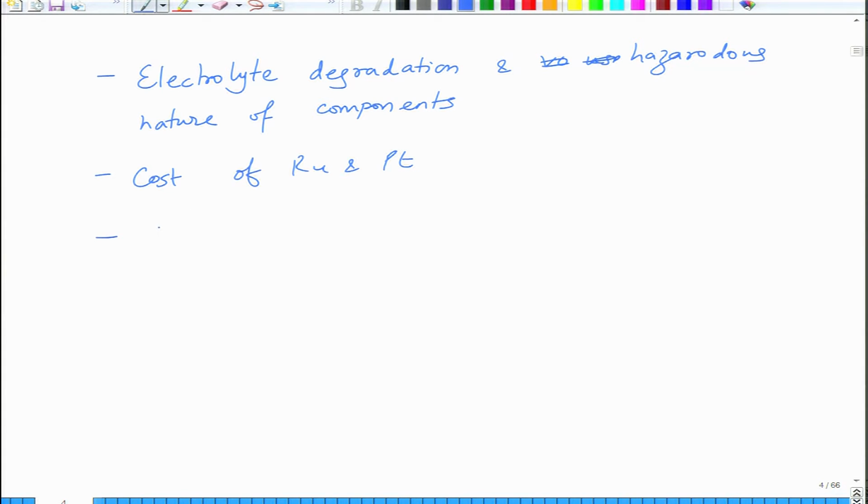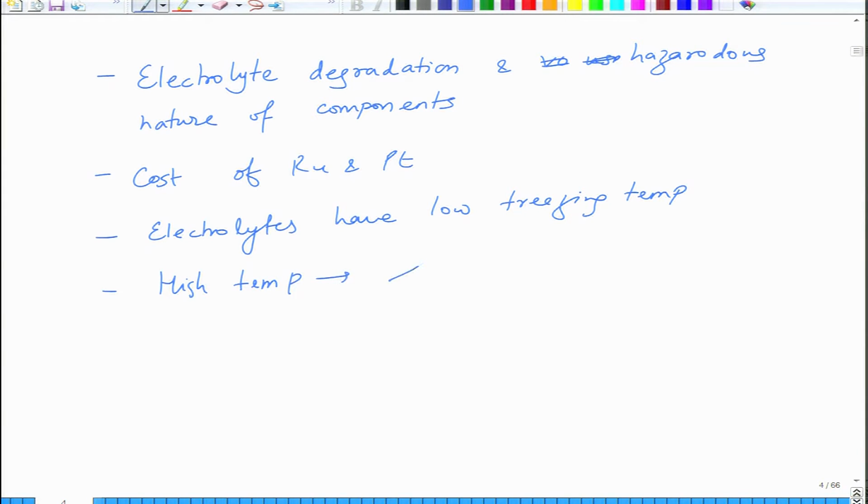Sometimes the electrolyte has a low freezing temperature. At high temperature, sealing issues may come into the picture because you have liquid dye, so sealing is an issue.